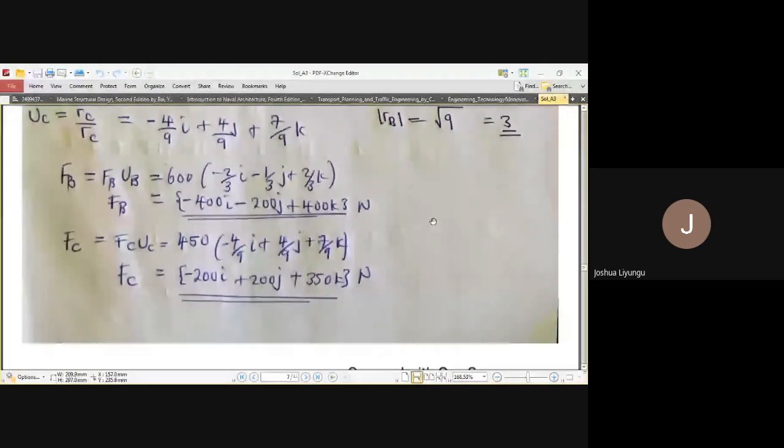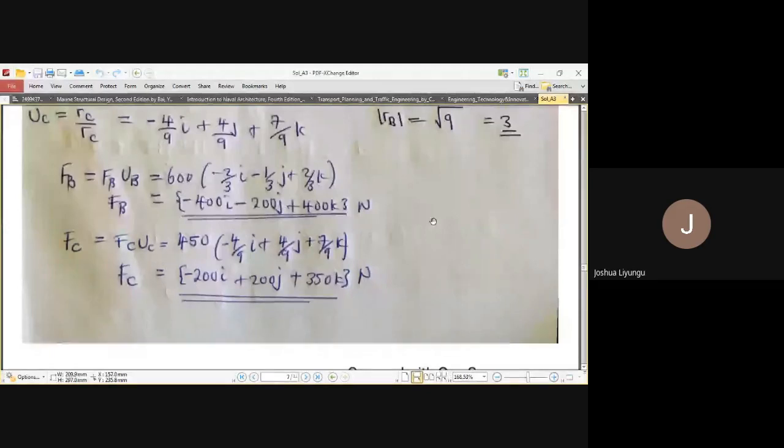Your quiz tomorrow, you'll be asked to find these forces. You are going to have multiple choice questions and numerical questions where you need to type. As an example, FB is equal to negative 400I minus 200J plus 400K. Here, the instructions are there.